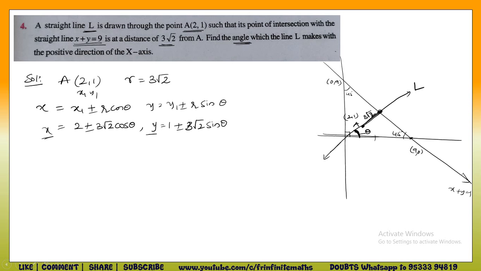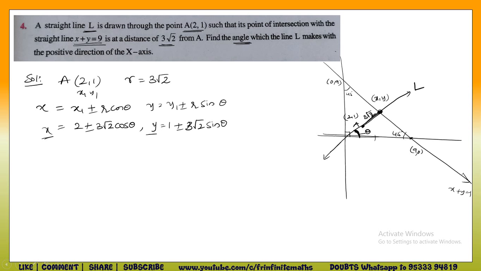That means this particular point of intersection is nothing but that x comma y. So this x comma y lies on line L as well as on x plus y is equal to 9. That means 2 plus or minus 3 root 2 cos theta, 1 plus or minus 3 root 2 sin theta should satisfy the line x plus y is equal to 9.